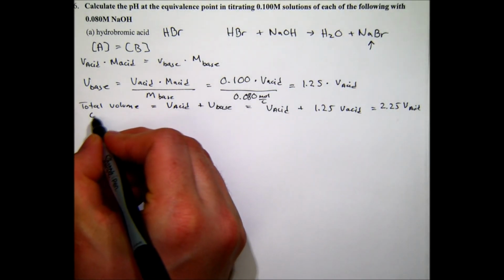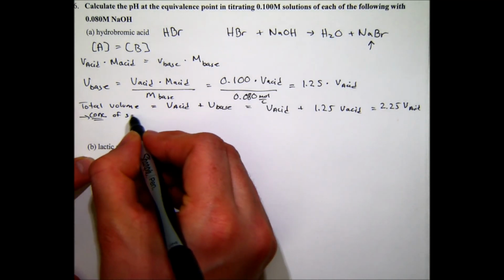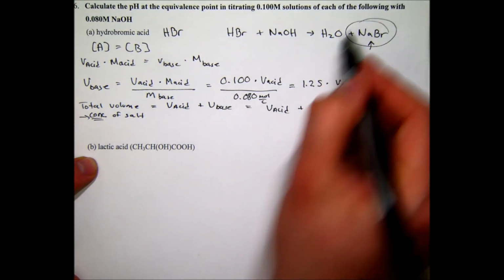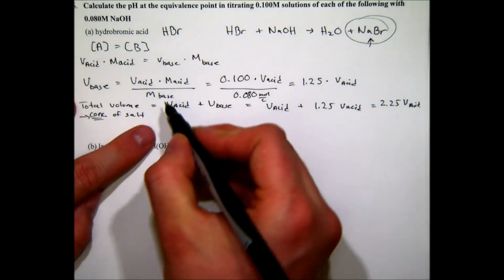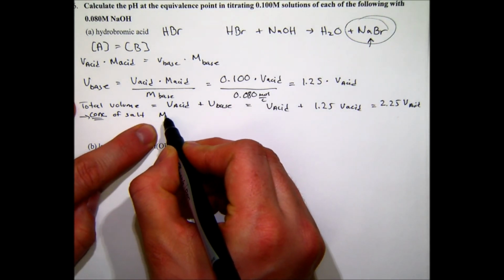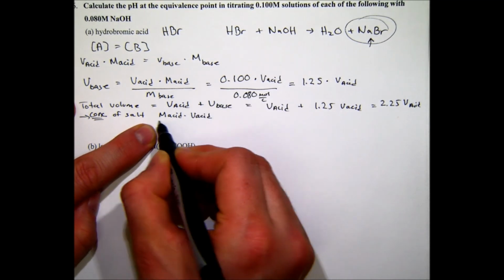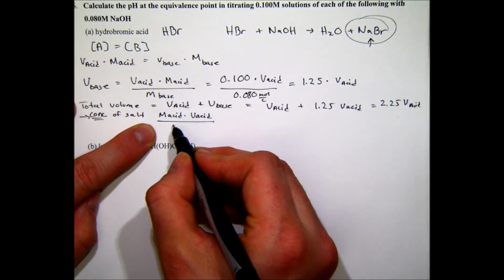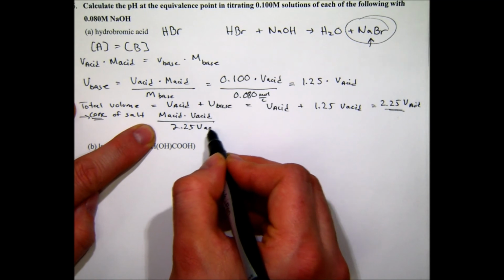So the concentration of the salt, which we're talking about, has to equal the number of moles divided by the total volume. So we end up with the molarity of the acid times the volume of the acid, divided by the total volume, which is 2.25 V acid.